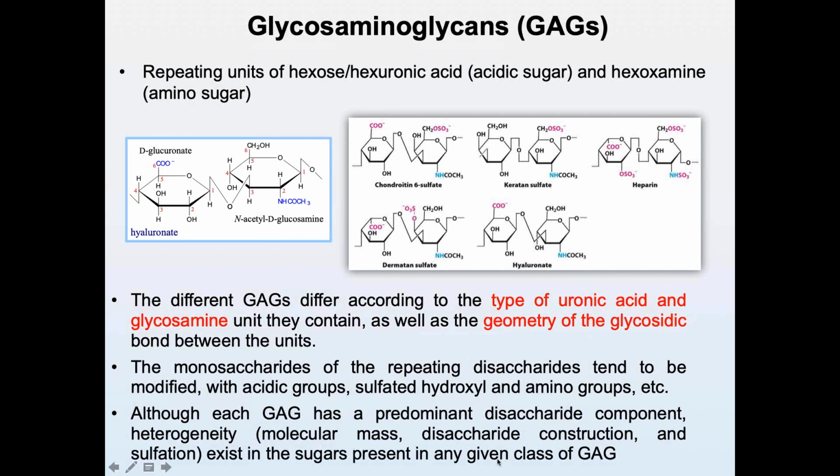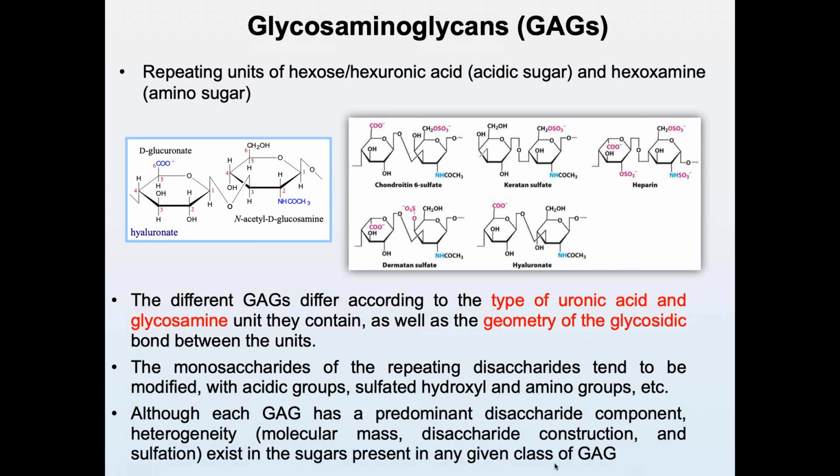Okay. And this is also very important because if you look at heparin, heparin isolated from different places may have a different mass, they may have different disaccharide construction and sulfation. And very important because this heterogeneity allows heparin to bind to different proteins.